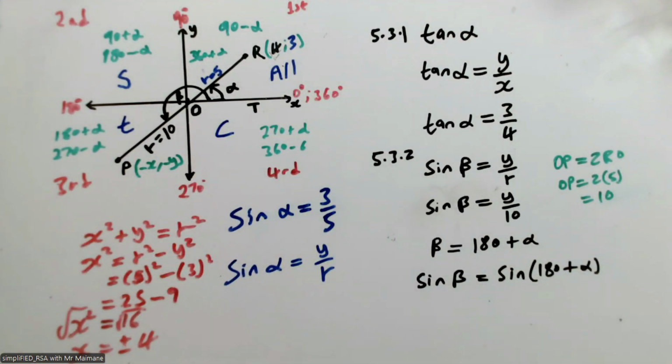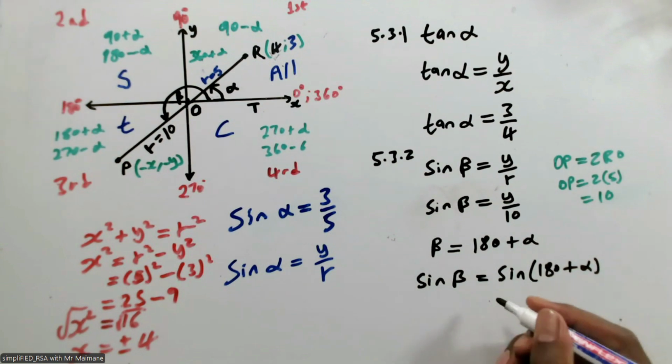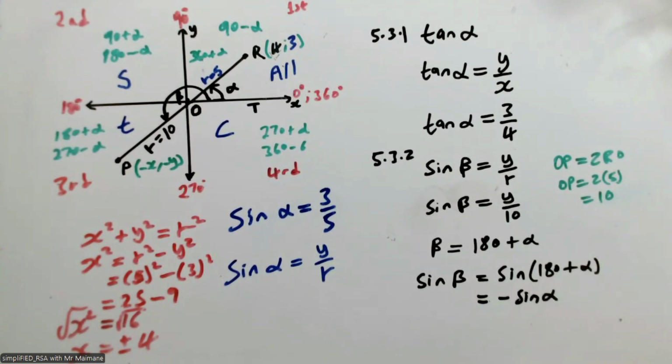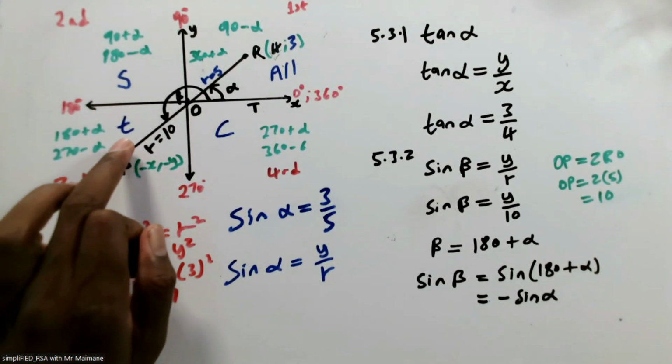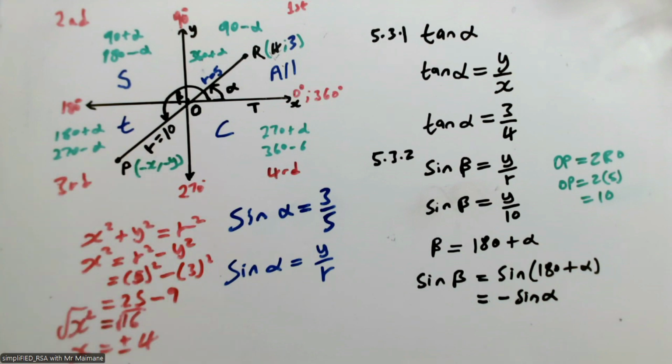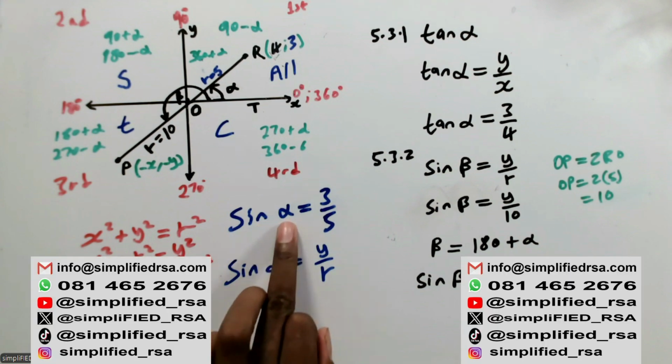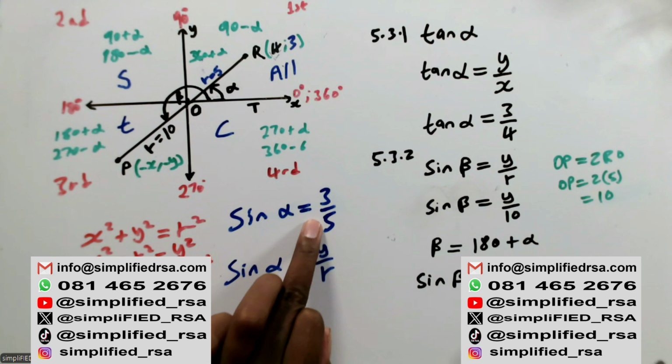So now in this case, I know that sine of 180 plus alpha is the same as minus sine of alpha, because sine is negative on the third quadrant. But I already know the value of sine of alpha, because it is given that sine of alpha is 3 over 5.